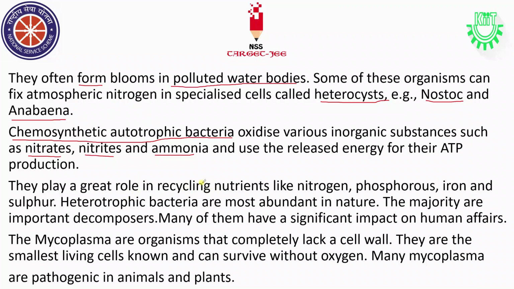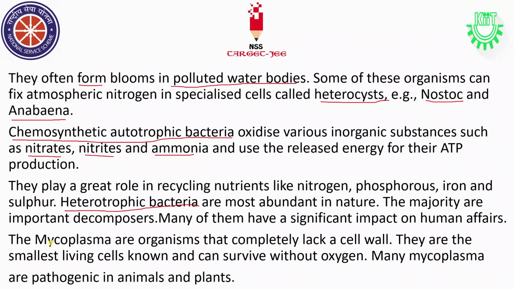They play a great role in recycling nutrients like nitrogen, phosphorus, iron, and sulfur. The heterotrophic bacteria are most abundant in nature. The majority are important decomposers. Many of them have an impact on human affairs.